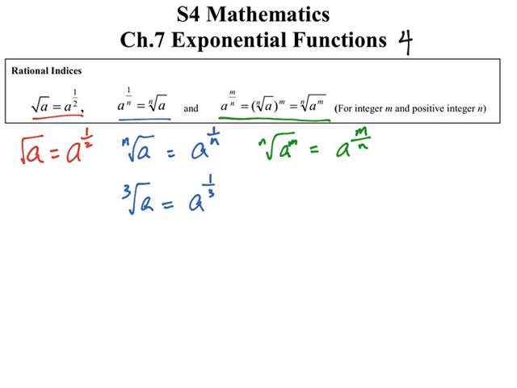So let's have an example. If square root of a to the power 5 cube root 3, it becomes a to the power 5 over 3. So like this.